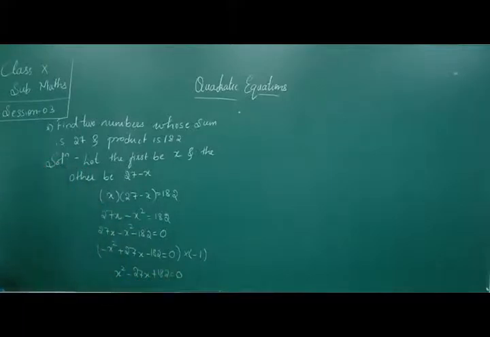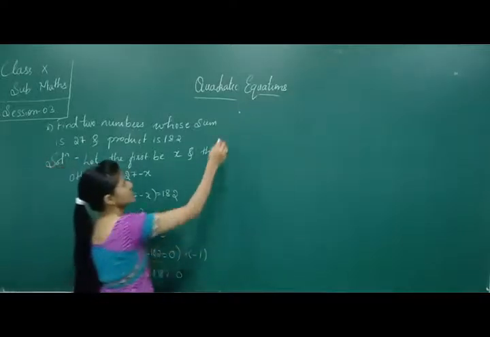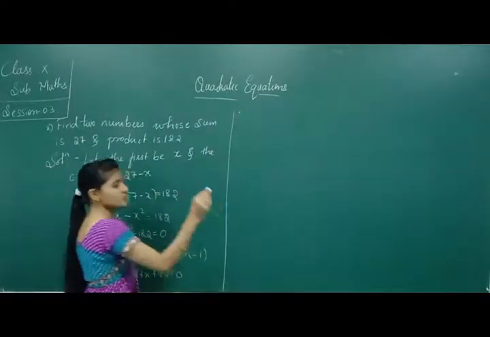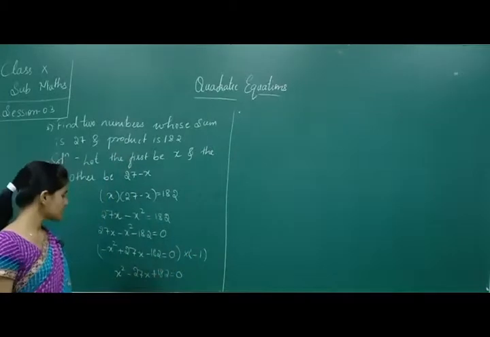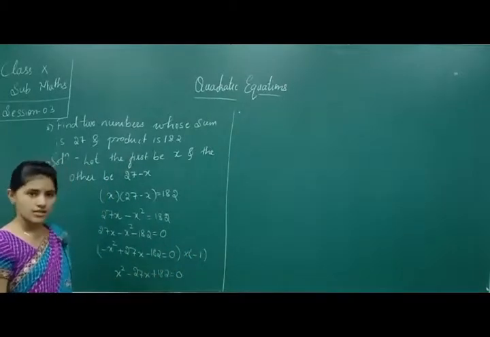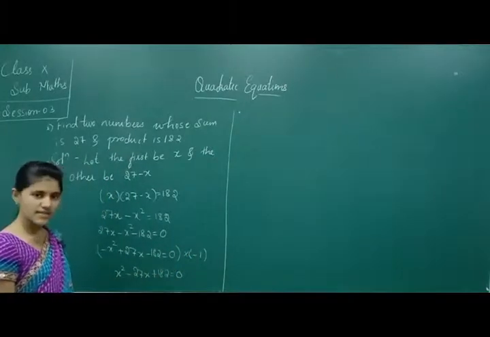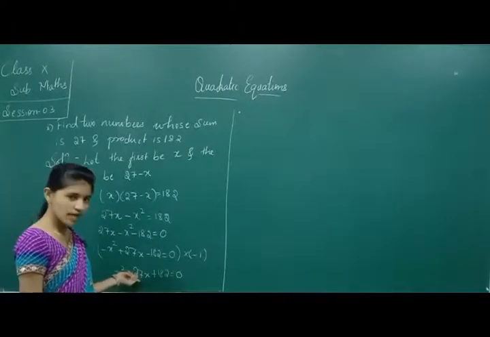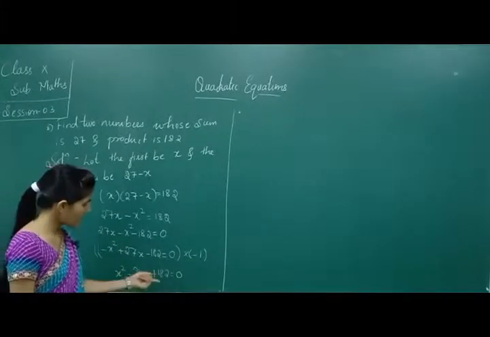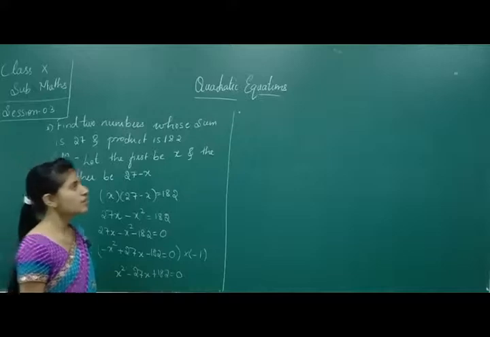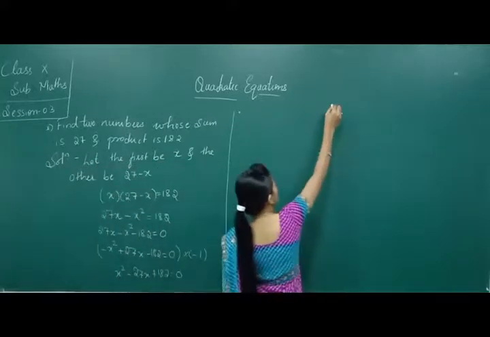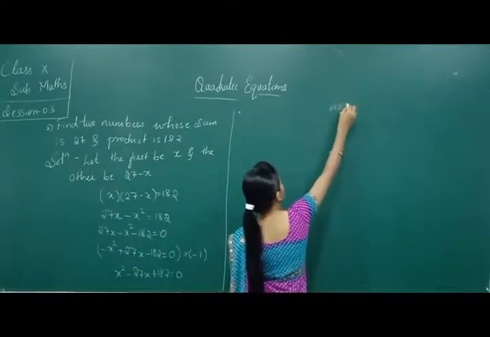See, now we have this equation in the form ax square plus bx plus c. Now we shall start factorizing it. That is, we need to find the factors of 182 such that on adding I should get minus 27 and on multiplying I should get plus 182.